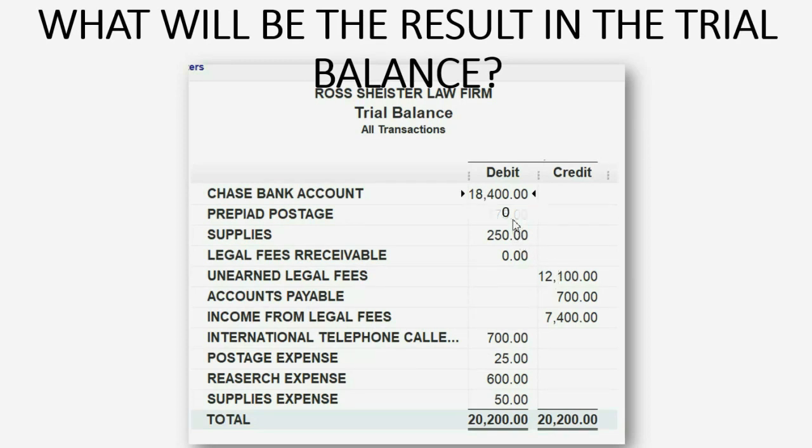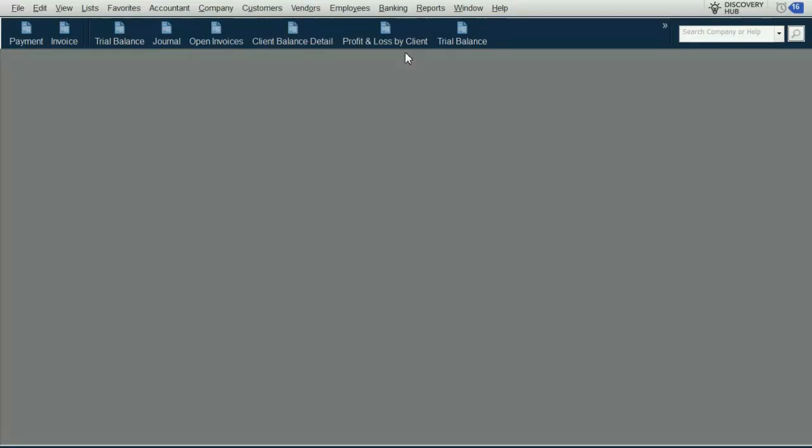Well, both the prepaid postage will go down to zero, and it will all go into postage expense, and the supplies will go down to zero because we used all of them, and they will all go to supplies expense, and the IRS doesn't need to know that it was for a party. But we need to know that it's not for any specific client. So that should be easy.